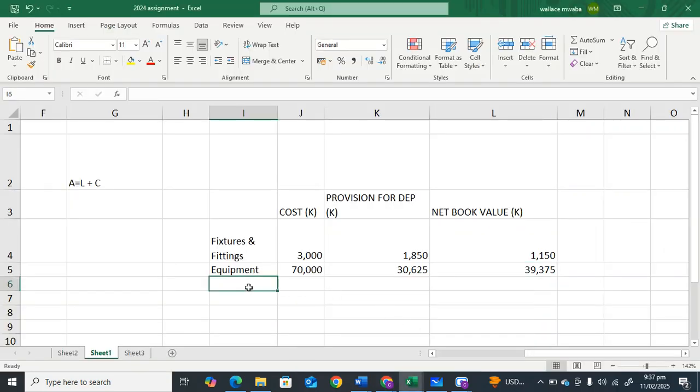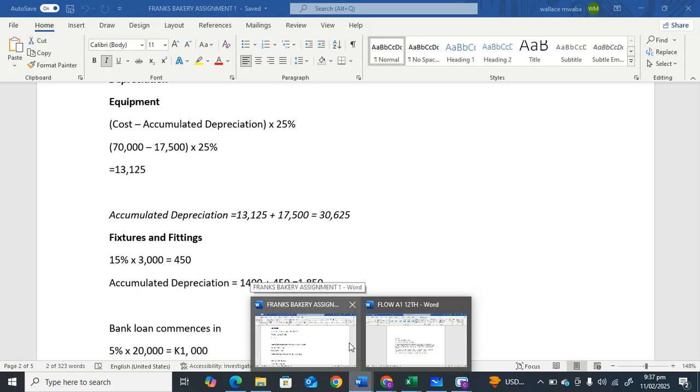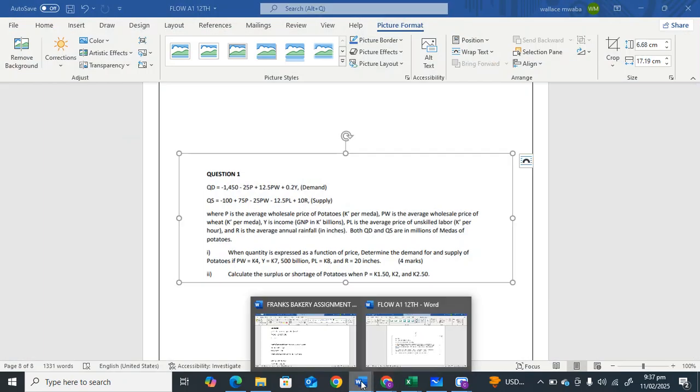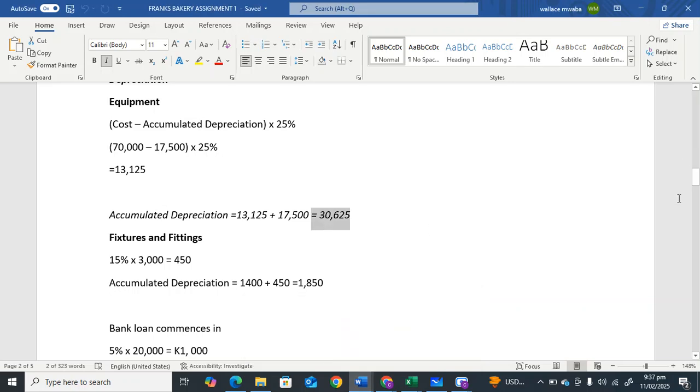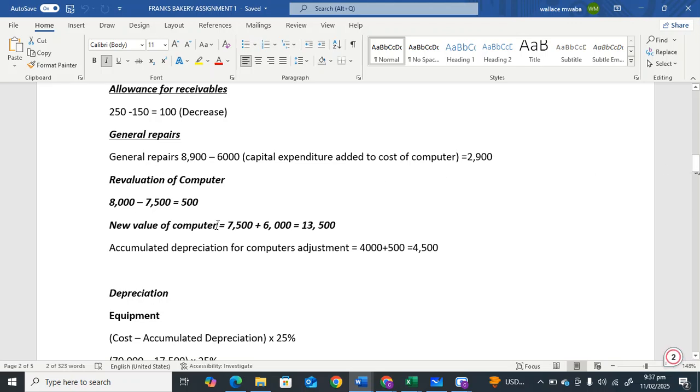Next is computers. Remember, at first the computers were revalued. At first it was 8,000 kwacha, then revalued to 7,500. Then also remember from general repairs there was a 6,000 that we used to buy another computer. So when we added 7,500 plus 6,000, we got 13,500.